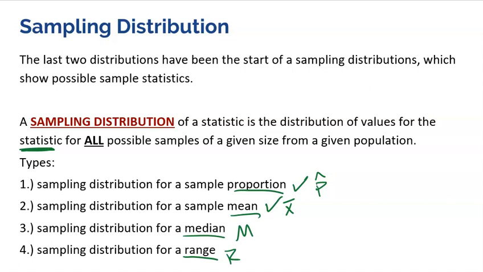You can't start picking from a different group. So the point I'm trying to get you to understand is that sampling distributions are super important, but they're kind of more theoretical. You just have to understand that they do exist, but actually creating a sampling distribution could be very, very painstaking because you have to find every possible sample.